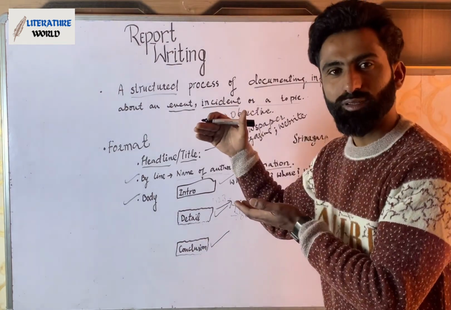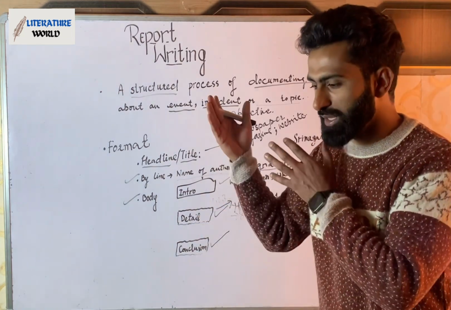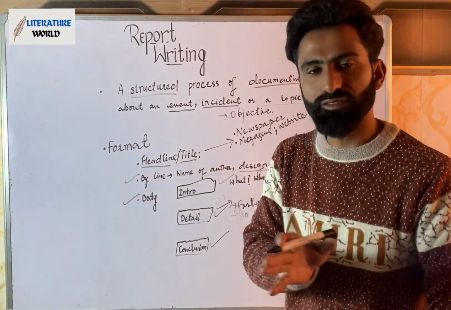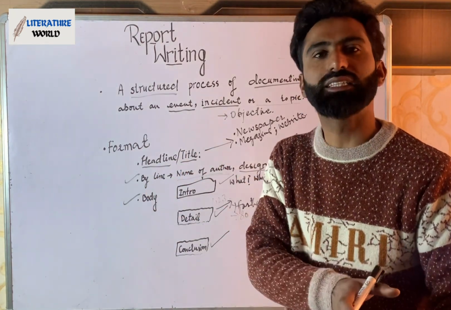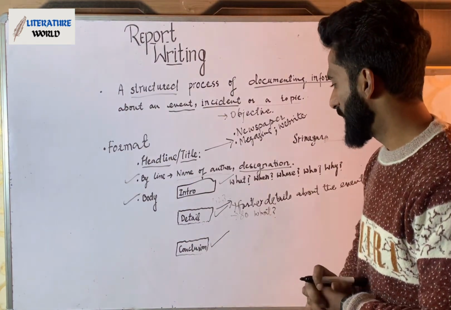Something happened, so what? What were the consequences of it? For example, here is this news: the highway was closed, and these many were the consequences, and these were the details. So you can give the details here in the newspaper report.